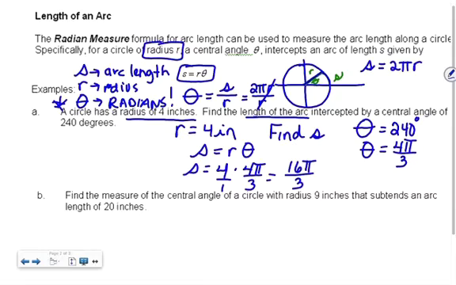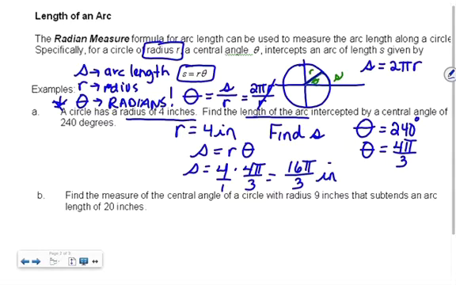Now I need units on this. What do you think the units are? Inches. The radius was in inches, and angle theta is really unitless. It's radians, but they're unitless. So our answer is in inches. Now if you really want to throw that into the calculator and get a decimal, you could. On the test, you will be able to use your calculator, but it's not necessary.